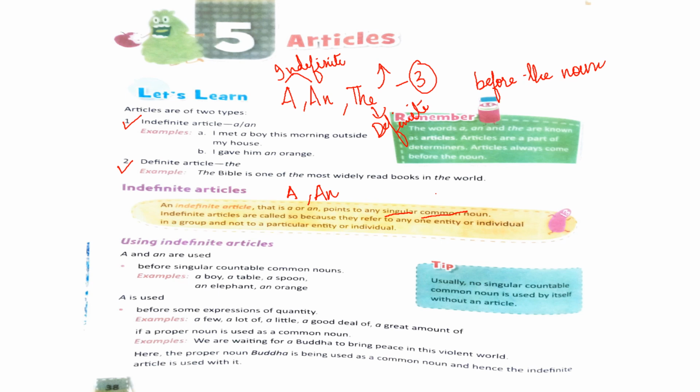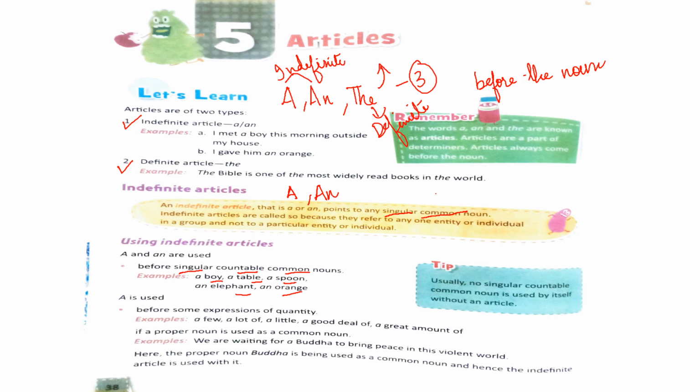Okay, so the first point is a and an, both of them are used before singular countable common nouns. They are not placed before plural common nouns. They have to be singular countable common nouns. For example, like boy, table, spoon, elephant and orange.